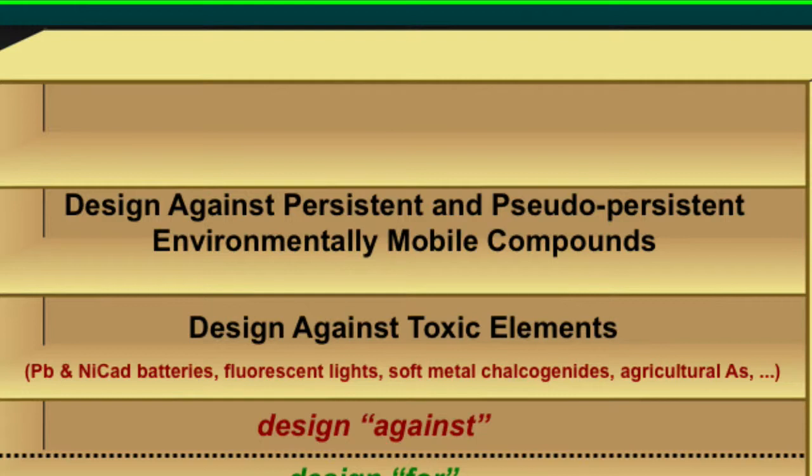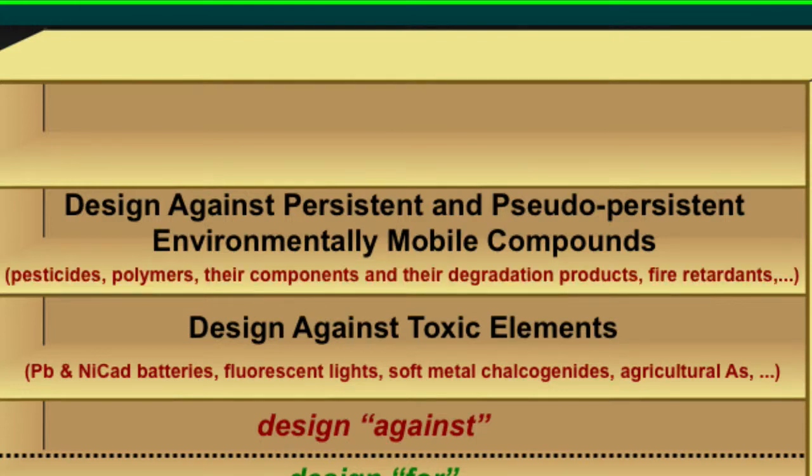In this area, we find many of the pesticides are a problem, some of our polymers, but not all by any means, their components and their degradation products, and many of our fire retardants, as well as a wide range of chemicals that are used for different applications.